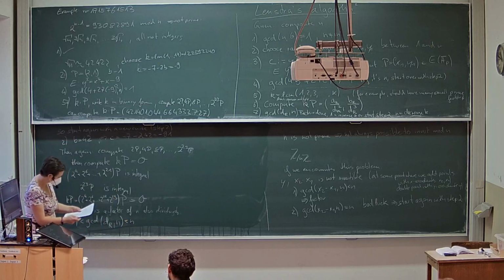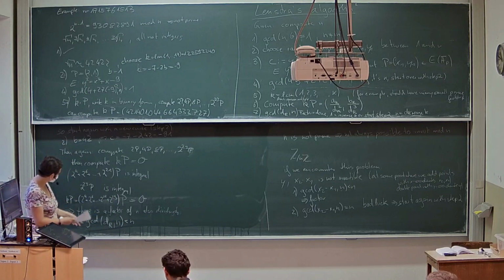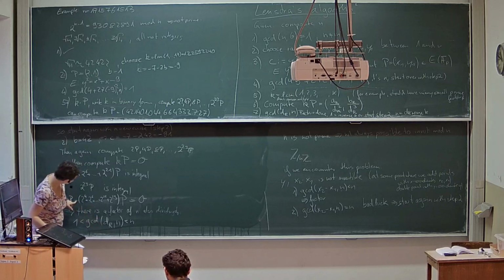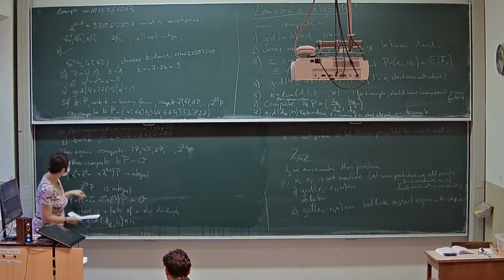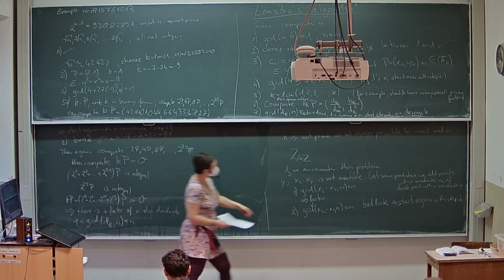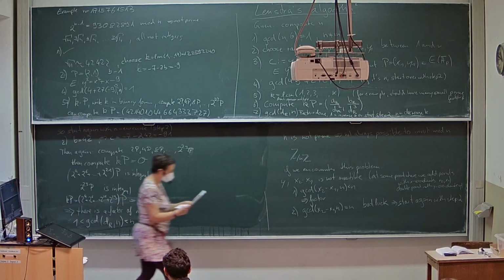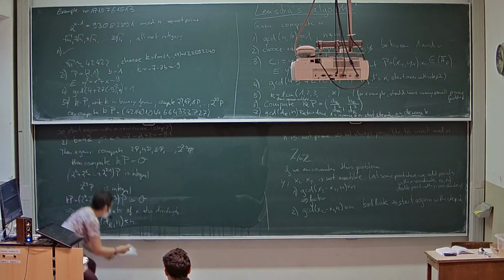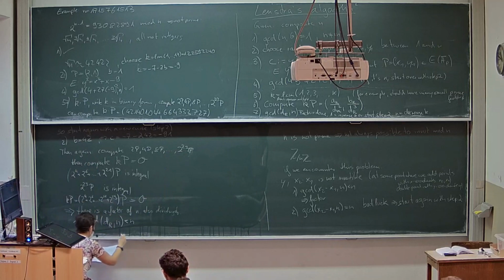And if we look at our computer program, we look at the x-coordinates of these points and the difference with n, and this is 26,927.